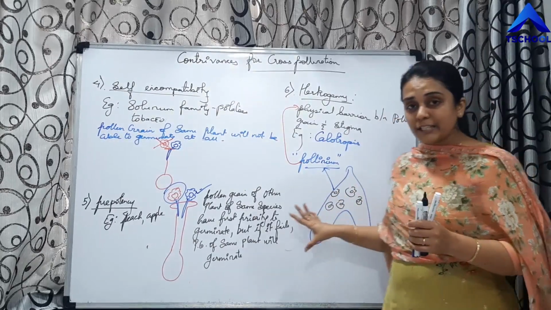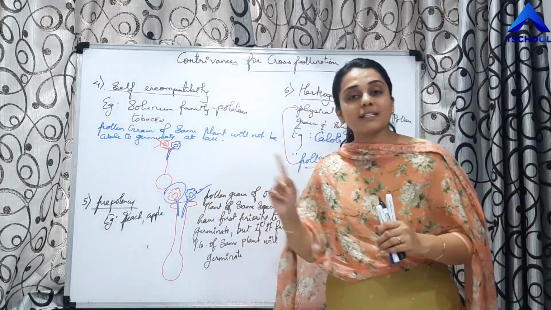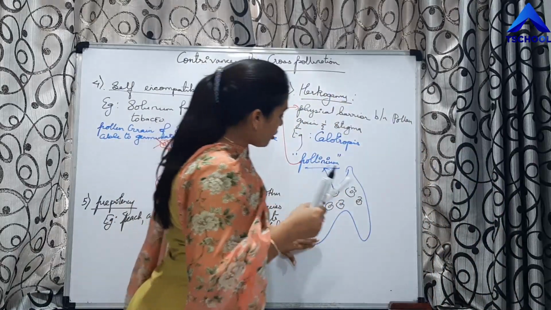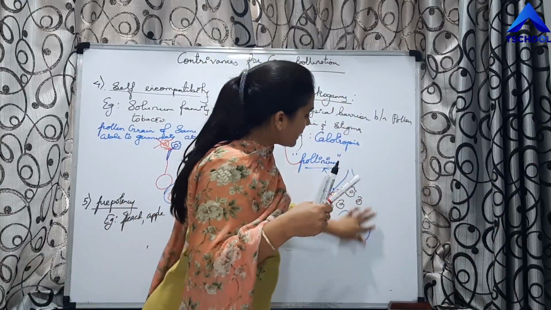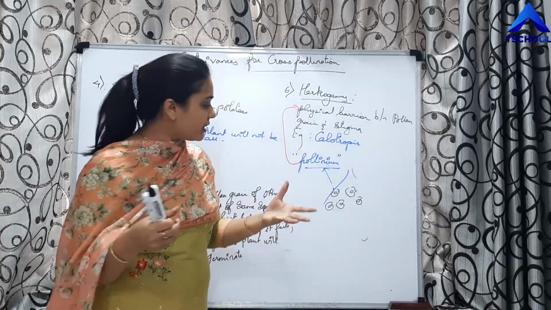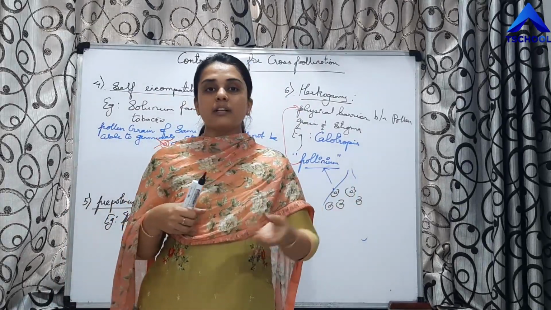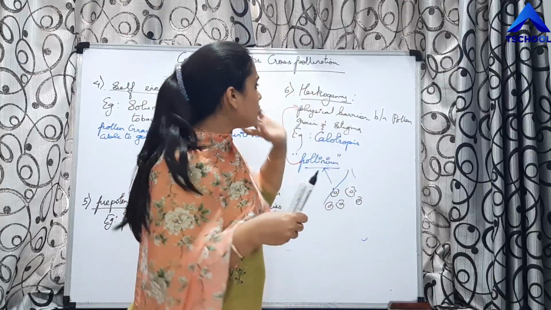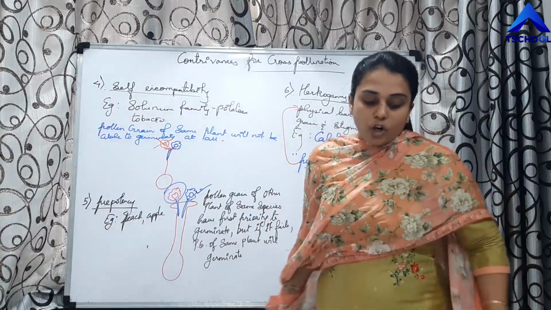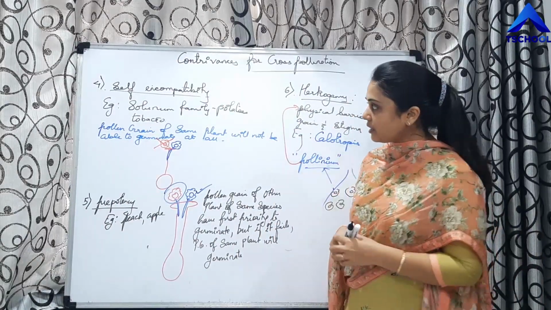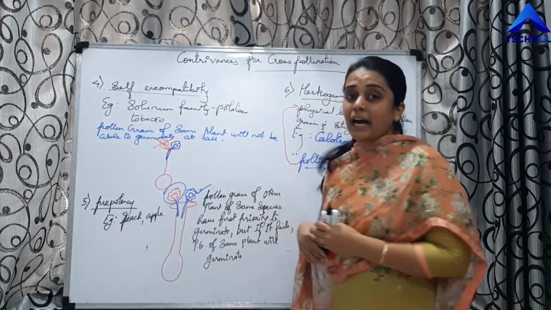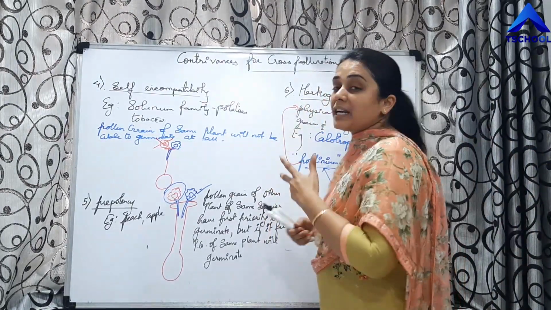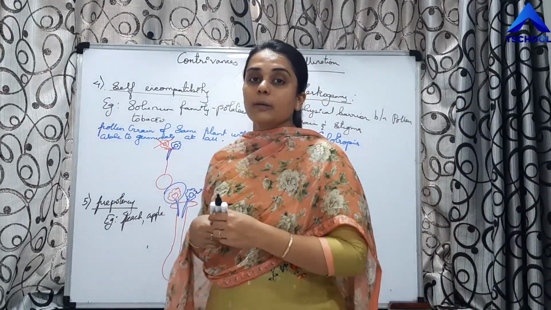But if this pollinium is going to rest on the stigma of some other plant of the same species, then this pollinium is going to get burst or released, and it is going to release the pollen grains on the stigma of the other plant of the same species. So it is going to favor cross-pollination. Clear?